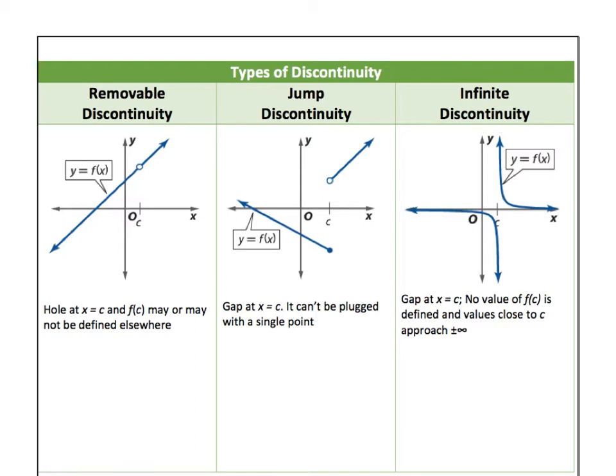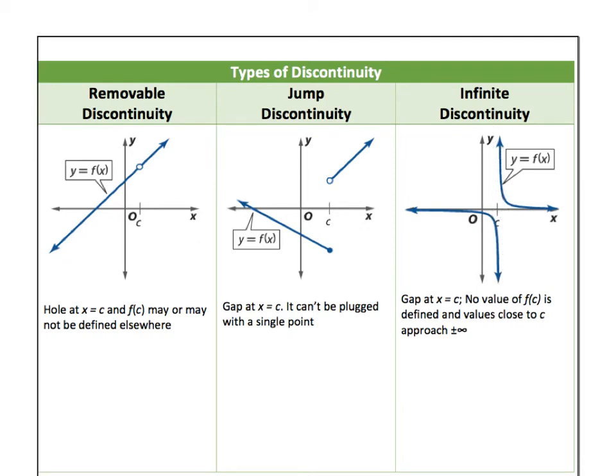Infinite discontinuity is when we have a gap at the c value, but the graph, the y value is like shooting off towards negative infinity. Over here, it's shooting up towards positive infinity. It's possible that they'll both go infinitely upward because there's what's known as, we'll talk later, a vertical asymptote right here. Might as well mention it right now.